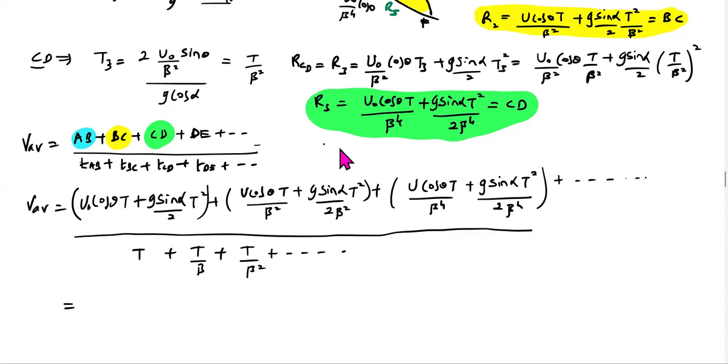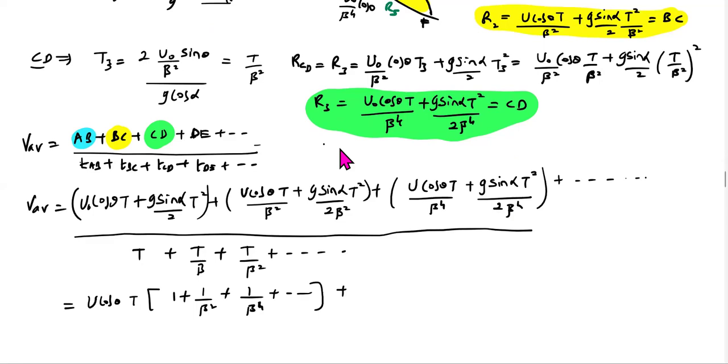So we'll take U cos theta. T will get eliminated, so U cos theta will come in common. U cos theta by T, 1 plus 1 by beta square, 1 by beta to the power of 4, and so on.